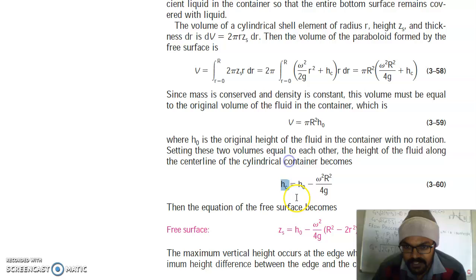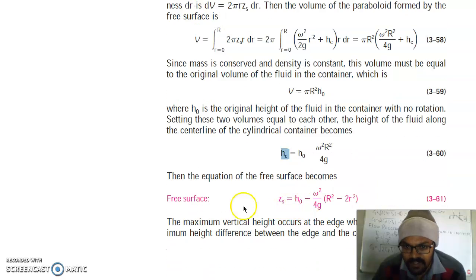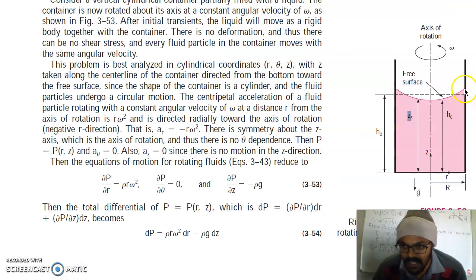Now we have calculated HC. You can put this HC here and you will get ZS, which is at free surface, which is height of free surface. Now ZS is a function of r, means it will vary when you move along the radial direction. So when r is equal to R, Z is highest. So Z is highest at this point and Z is lowest at this point.